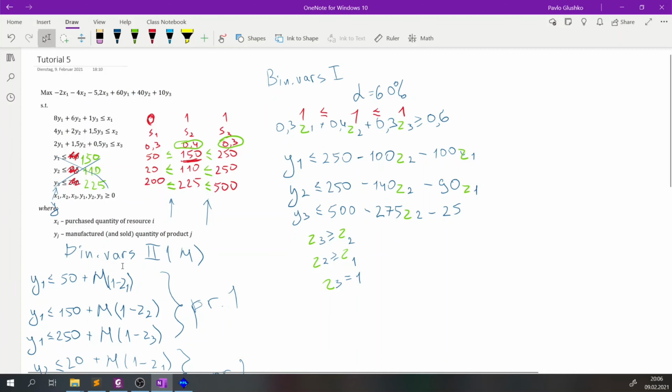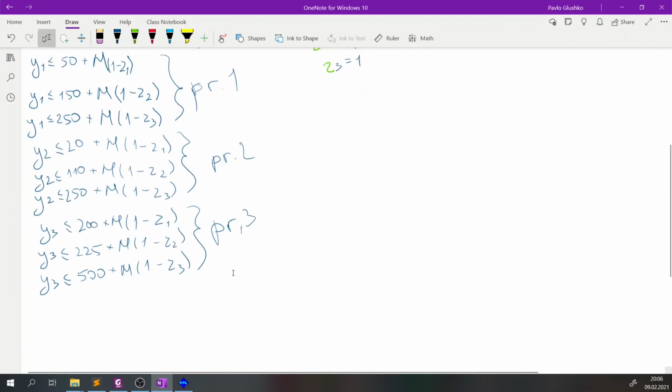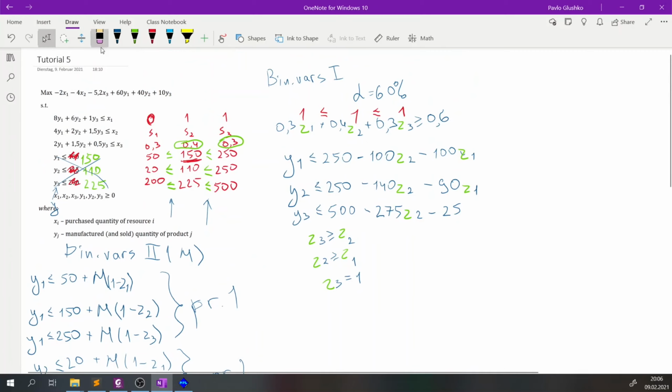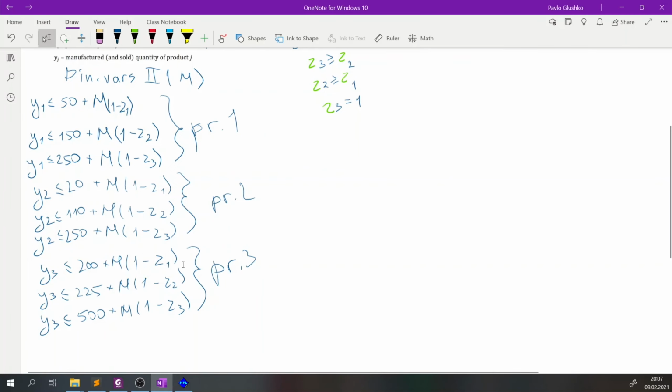As a basis, we will use this model with a big M. So again, it consists of the objective function, material constraints, non-negativity constraints. It also has this constraint for the reliability level, and of course the M constraints themselves for the demand.